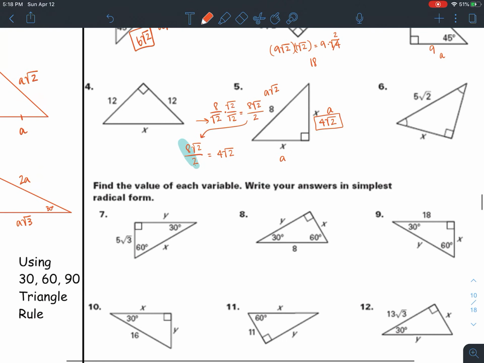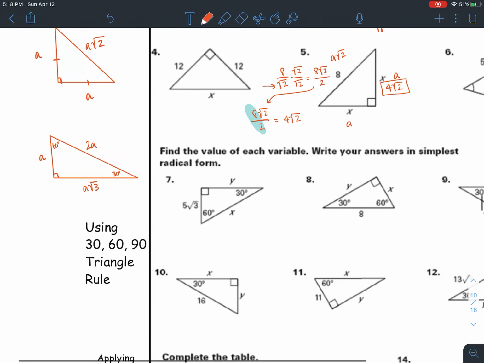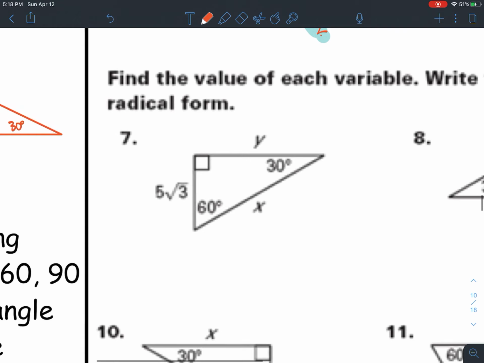All right, so let's look at our 30, 60, 90s. So our short leg that we always refer back to has a value of a. Our long leg is a square root 3, and our hypotenuse is 2a. So my question has always been, how do I get from the short leg to the long leg? And the answer to that is to multiply by the square root of 3.